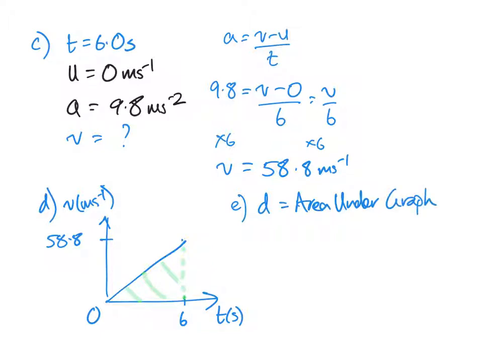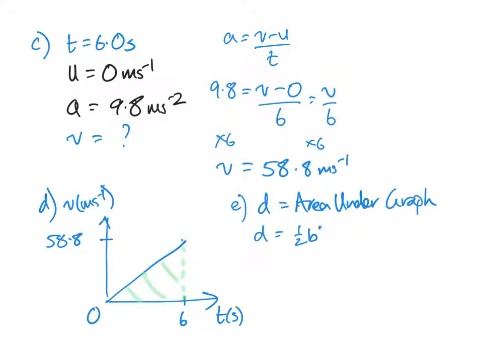Now, I know it might seem a bit of a pain writing out that phrase area under graph. The SQA do not recognise the abbreviation AUG. So if you abbreviate it, you won't get the credit for writing the method, basically. Now, if you go on and use it, that's not going to be critical if you use it correctly, but just for the basic formula mark, you don't get it for writing AUG. You've got to actually write the words out.